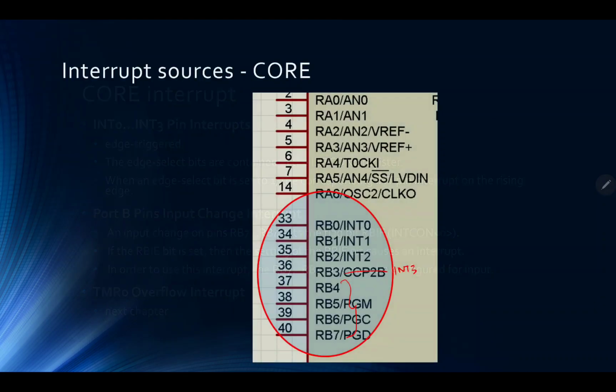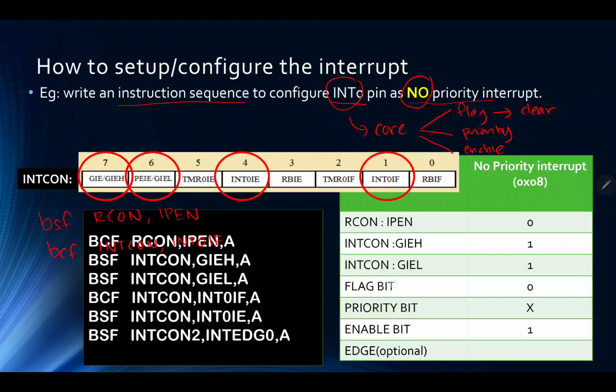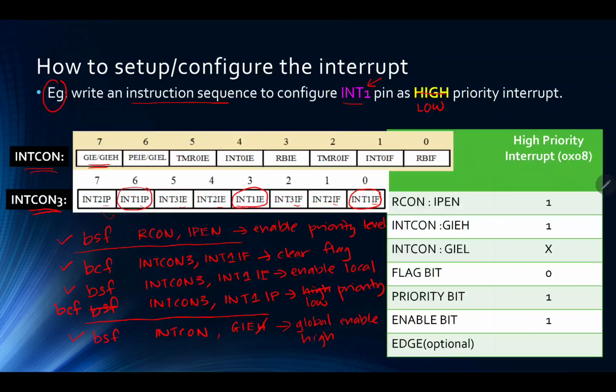So in our case, we also need an additional bit set INTCON GIEL. So this is global enable all, and this is global enable low priority.